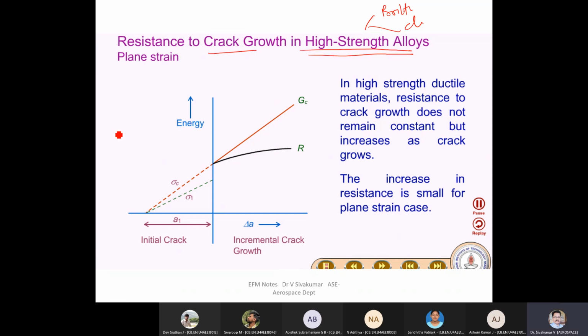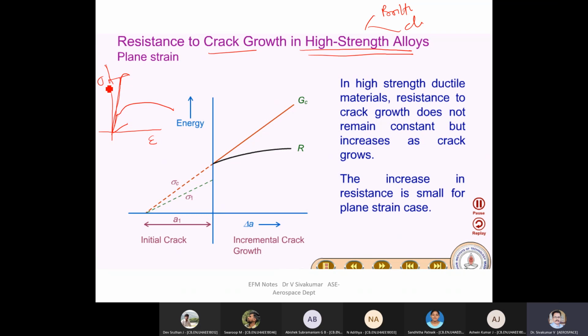If you see the stress strain behavior, mild steel will have something like this. Pure brittle is something like this. High strength alloy is more or less like this. This is stress and this is strain.